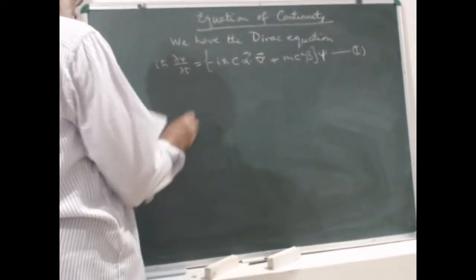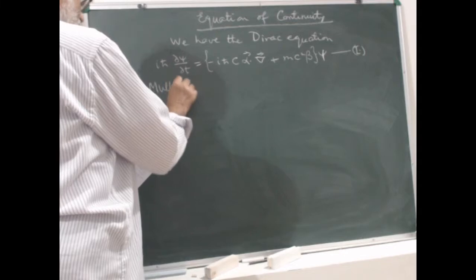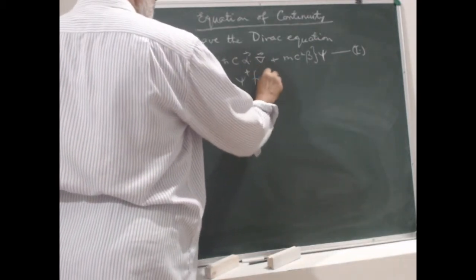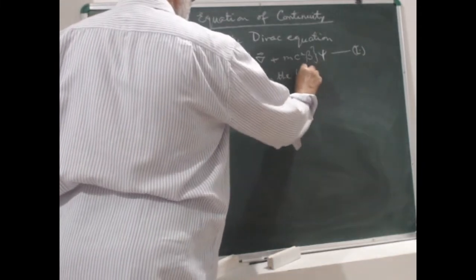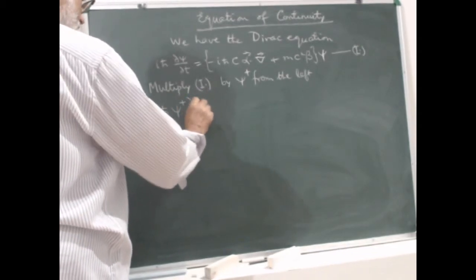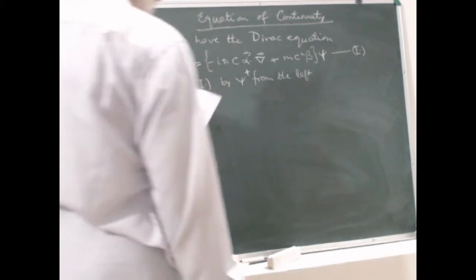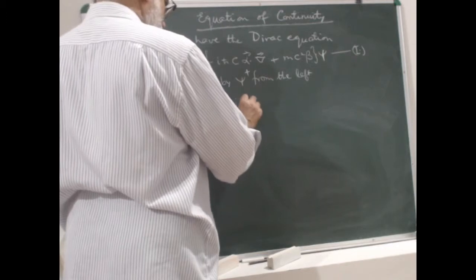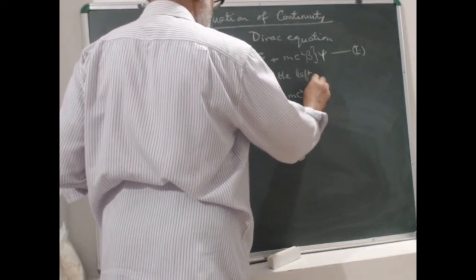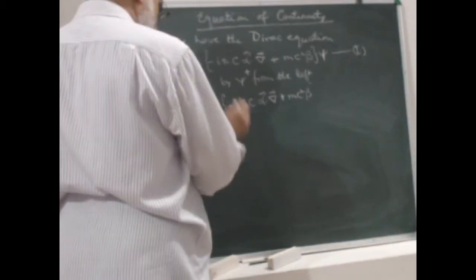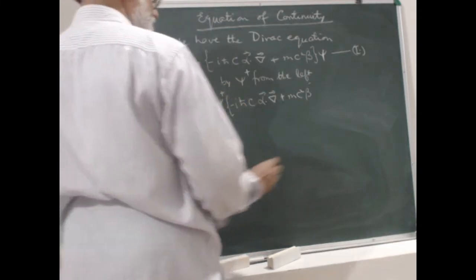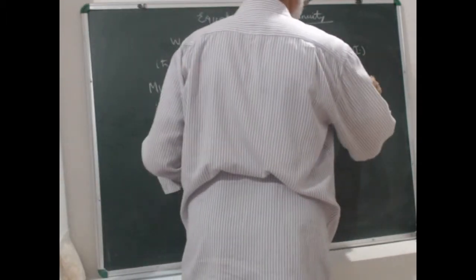So this becomes iħ ψ† ∂ψ/∂t is equal to ψ† times minus iħ c α dot ∇ plus m c² β, operating on ψ. Let it be noted as equation number 2.